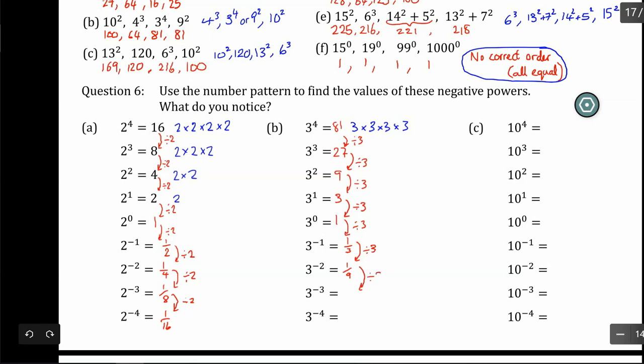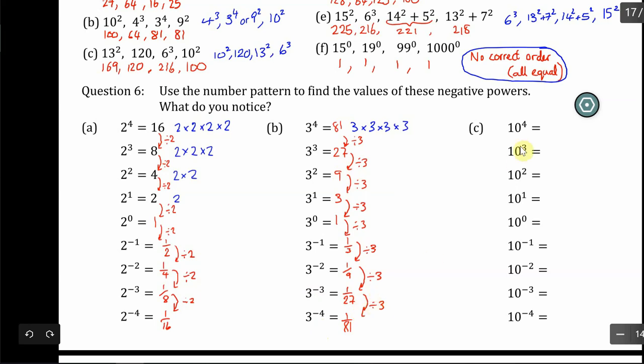Divide by 3 again, and 1/9 becomes 1/27. And divide by 3 again, and we would get 1 over 81. So yet again, we're seeing the same numbers as the positive powers, just on the bottom of a fraction. So again, these negative powers are caused by the reciprocal. We'll come into that in a bit more depth in a minute.